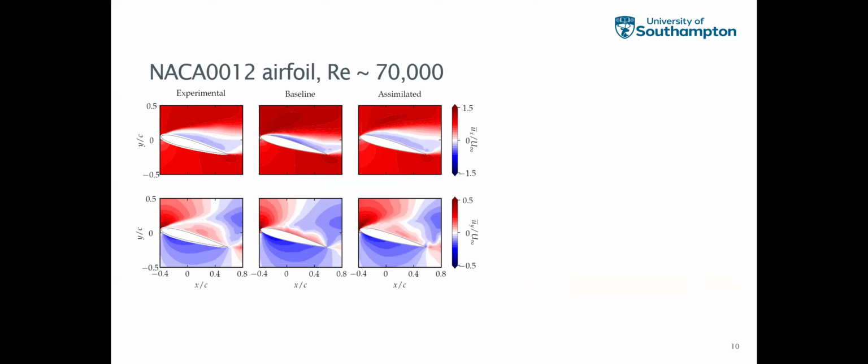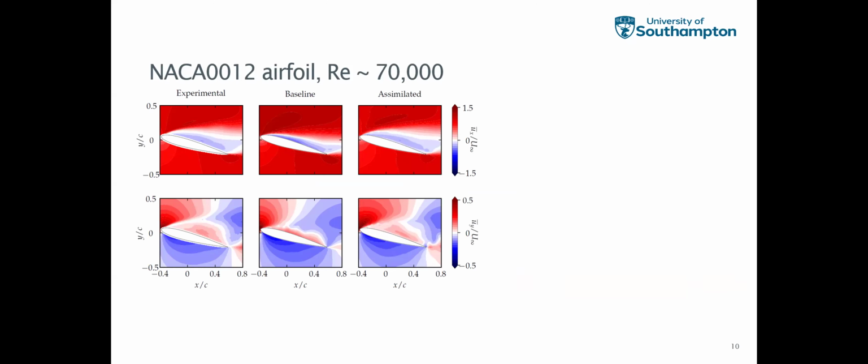Right, going forward, we have the first case, which is the Reynolds number case at 70,000 for the 0012 airfoil. These are some of the results. You're looking at the mean fields, the first row showing the streamwise velocity, and the second row of images showing the wall normal velocity component.